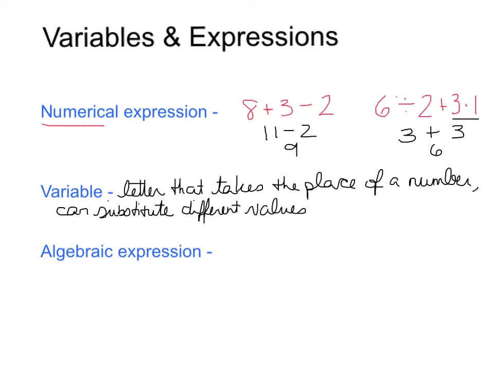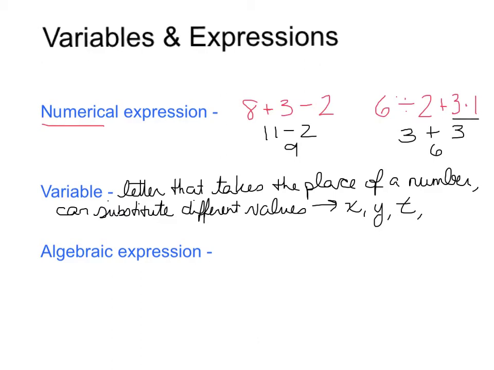The most common variables that are used are x, y, t, but really could be any letter, a, b, c, okay? Any letter of the alphabet could be a variable.